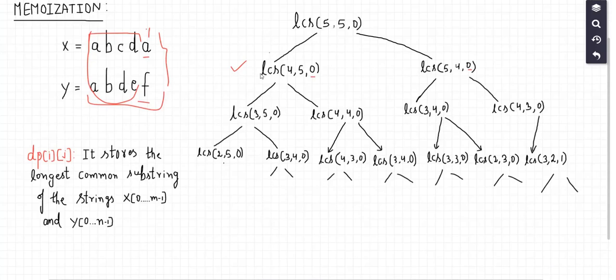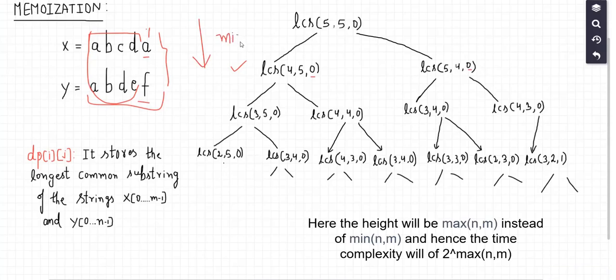So let's see what the time complexity of this solution is. You can observe that at each level, each function is calling two functions, or we can say the branching factor of a function is 2, and the height of the tree will be min of n and m, where n and m are lengths of these input strings.